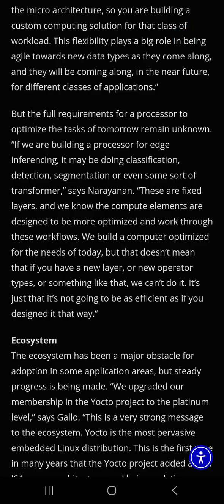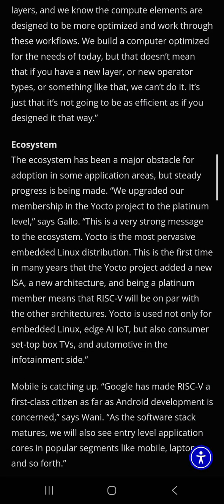These are fixed layers, and we know the compute elements are designed to be optimized and work through this workflow. We build computers optimized for the needs of today, but that doesn't mean it's safe for new layer or new operator types. For something like that, we can't do it. It's just not going to be sufficient if you designed it that way.